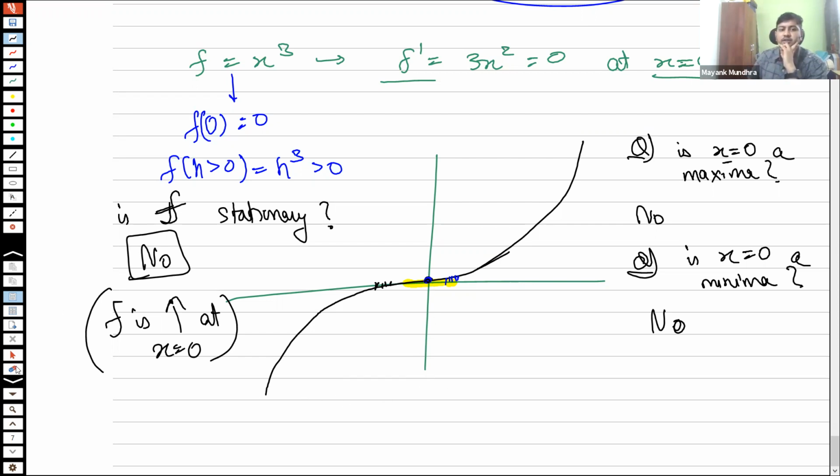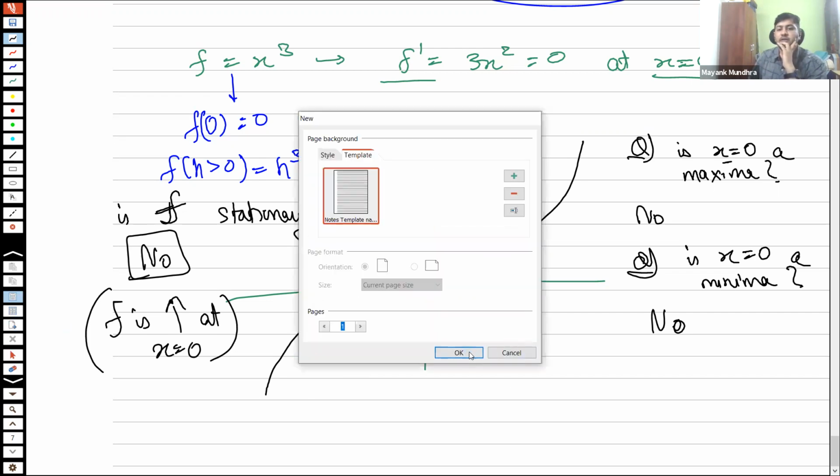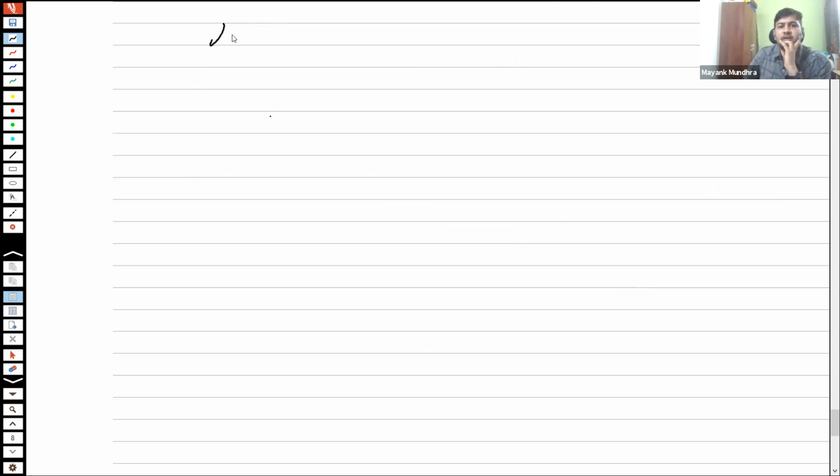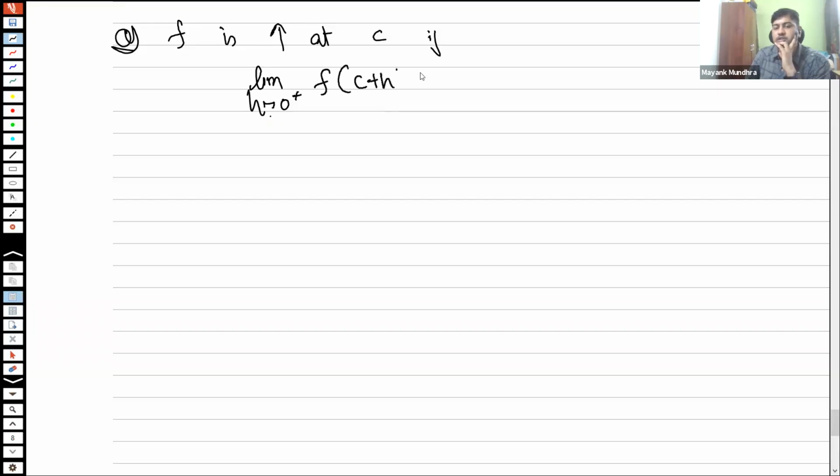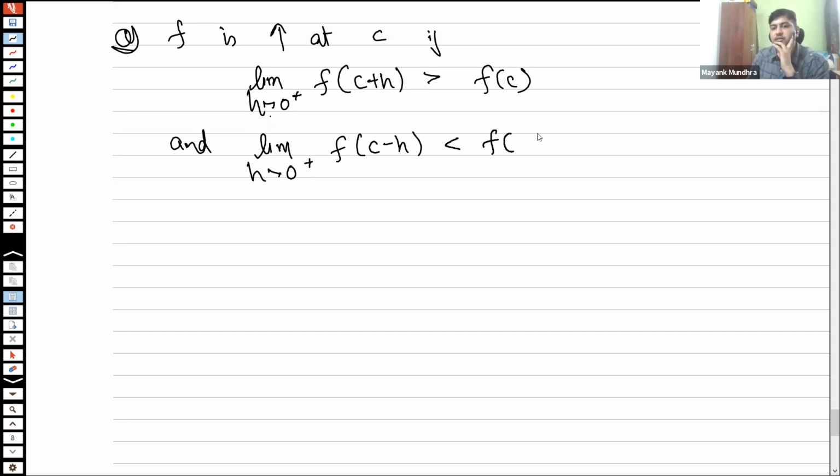Okay, so the definition of a function being increasing at any point is that a function f is increasing at c if limit h tending to 0 plus f of c plus h is greater than f of c, and limit h tending to 0 plus f of c minus h is less than f of c.